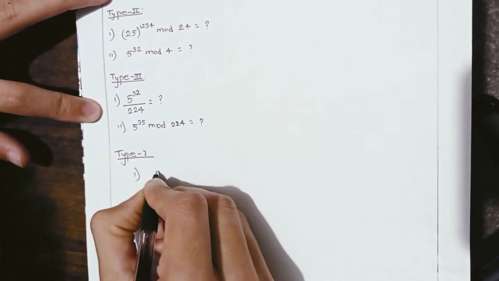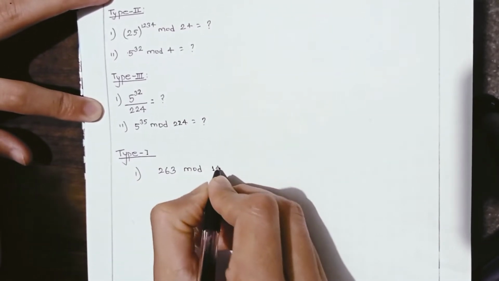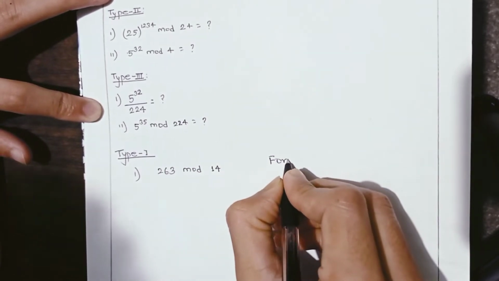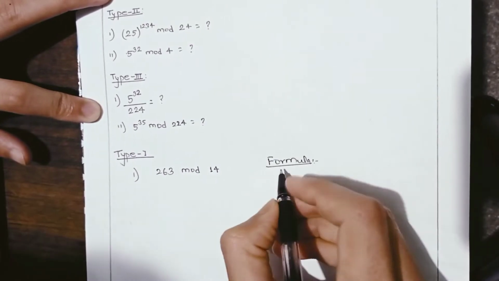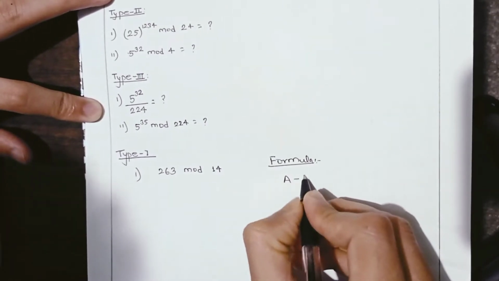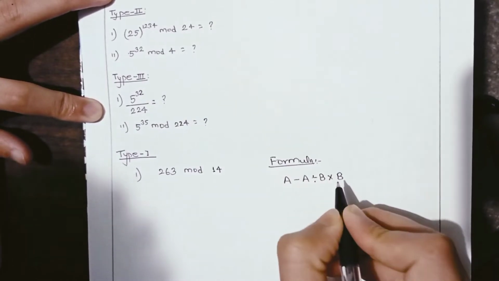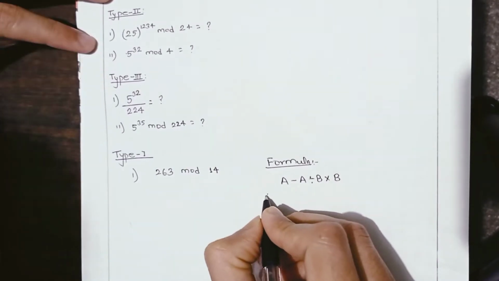For example, take the number 263 mod 14. It can be calculated using the formula a minus a divided by b into b. For using the formula, we have to set our calculator.